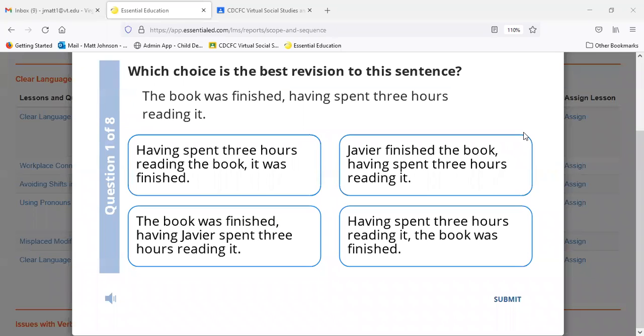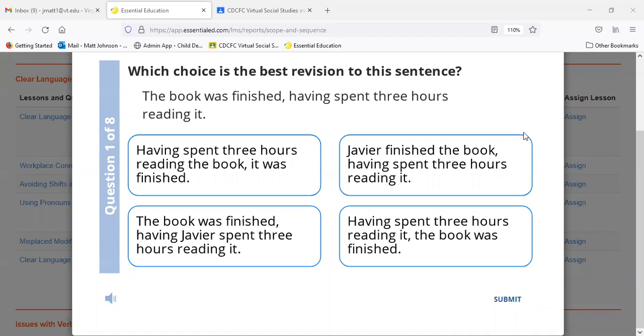So our first question here. How do we revise it? The book was finished having spent 3 hours reading it. That is a good example of a dangling modifier. We don't really have a subject here. The book was finished is a standalone sentence, but who spent 3 hours reading it?